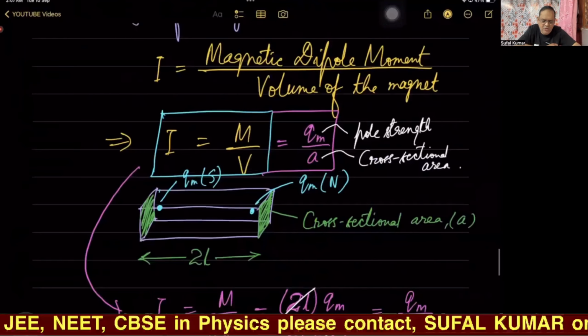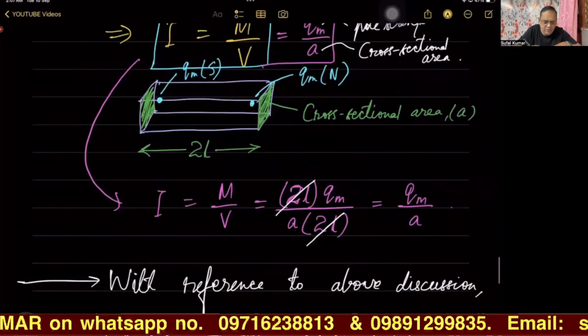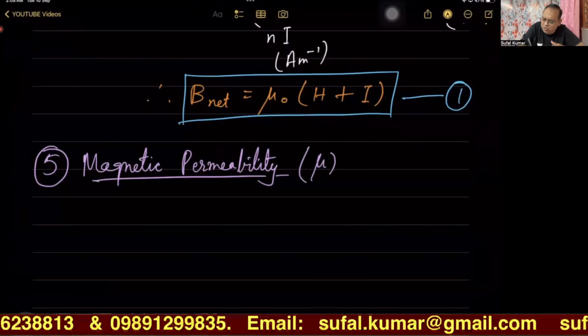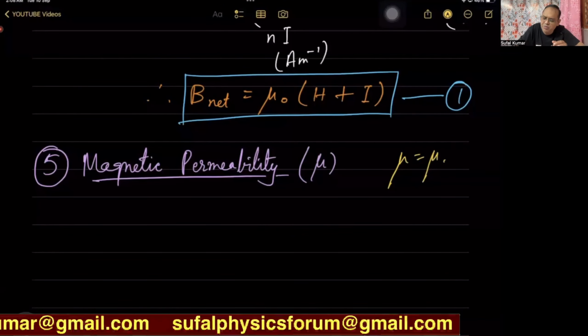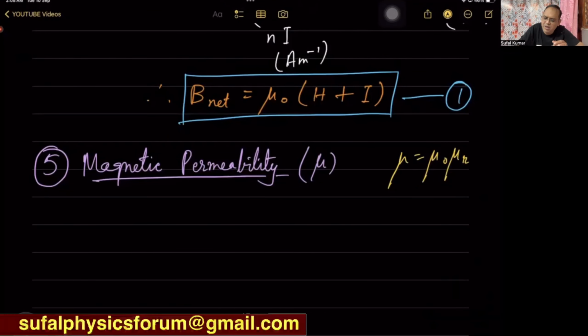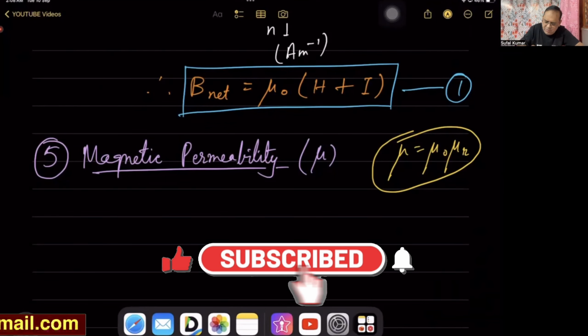3, 4, and 5. This was 4, now 5. This is the permeability mu, such that mu is equal to mu naught into mu r. We won't require any language to support.